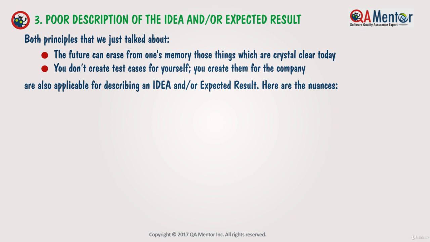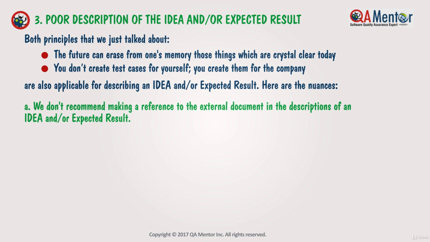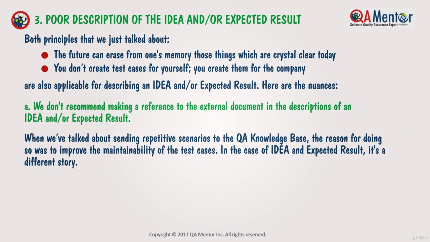Here are the nuances. We don't recommend making a reference to an external document in the descriptions of an idea and/or expected result. When we talked about sending repetitive scenarios to the QA knowledge base, the reason for doing so was to improve the maintainability of the test cases. In the case of idea and expected result, it's a different story.